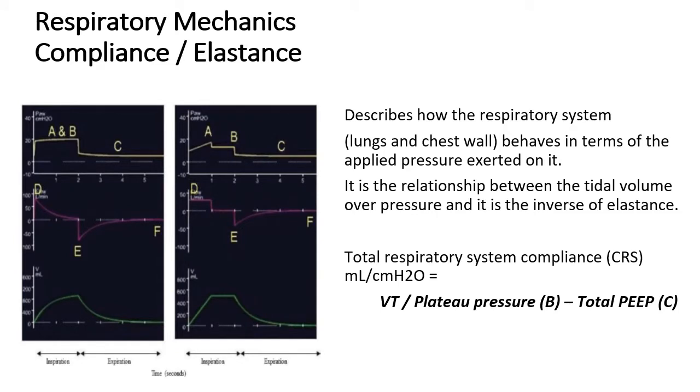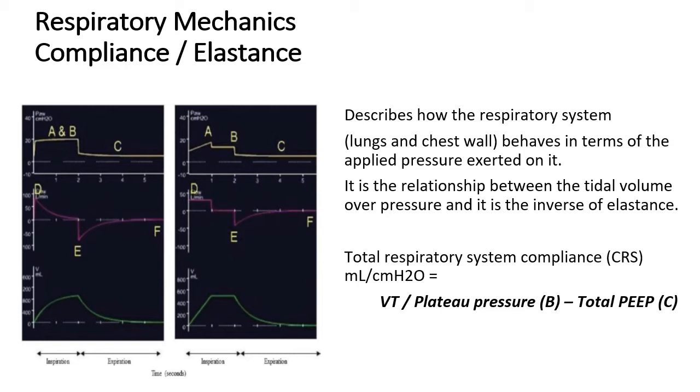So respiratory mechanics, when we talk about those, are usually the compliance and or elastance, airway resistance, and auto-PEEP. So let's start with the compliance and elastance, and they are basically inverse of each other. Compliance is 1 over elastance, and elastance is 1 over compliance.